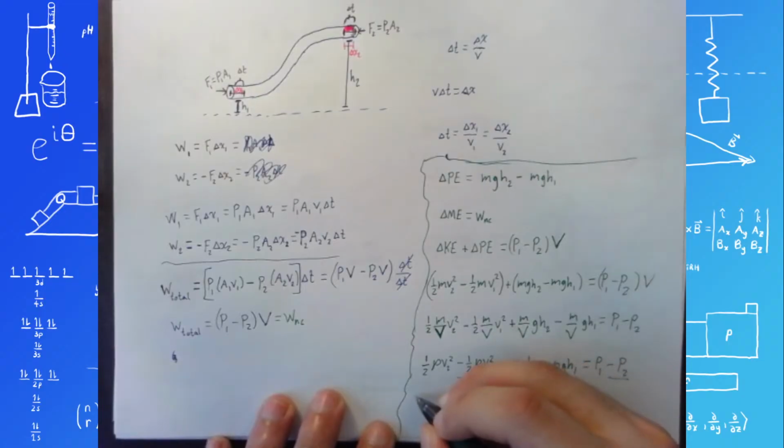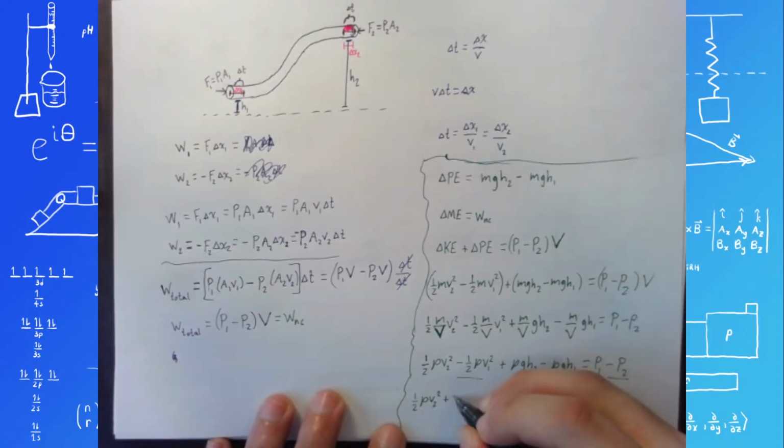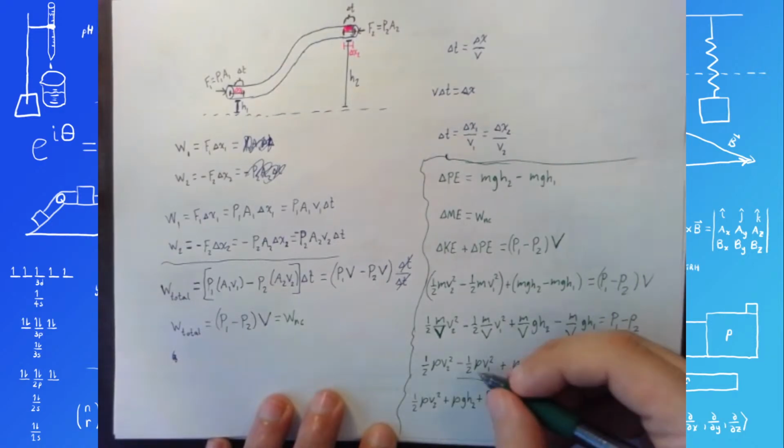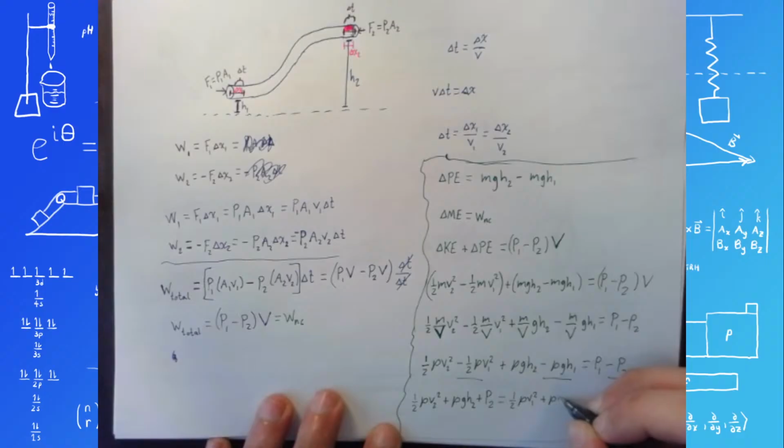What I'm going to end up with is 1/2 rho V2 squared plus rho g h2 plus P2 is equal to, these would move to the right, so positive 1/2 rho V1 squared plus rho g h1 plus P1.